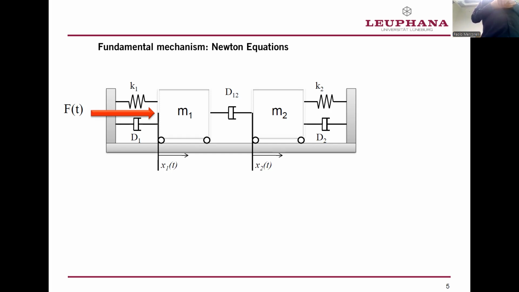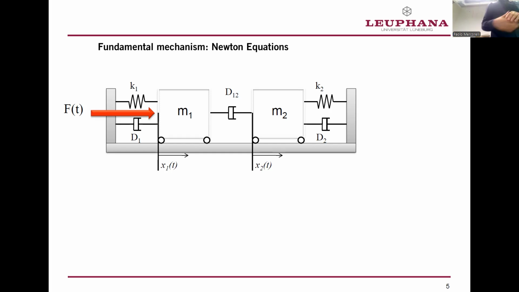Of course, the reaction will be less if M2 moves. This means if M2 moves, we have D12 multiplied by x2, but with a minus. I mean, the relative velocity between M1 and M2 is x1 minus x2.